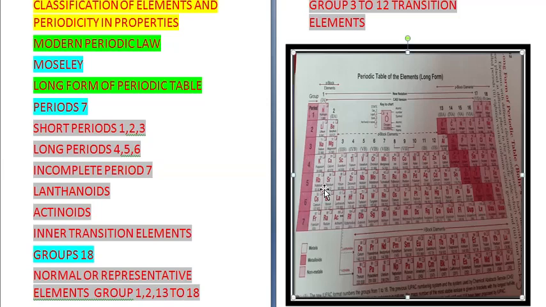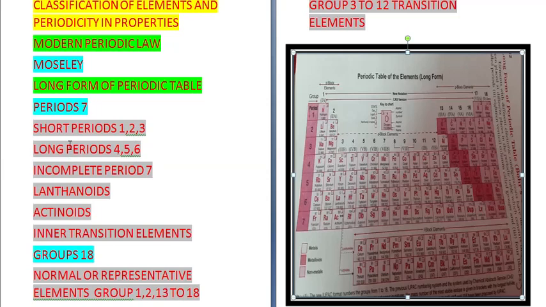Now, the first, second and third periods are called short periods. The first period contains 2 elements, and the second and third periods have 8 elements each. The fourth, fifth and sixth periods are called long periods.